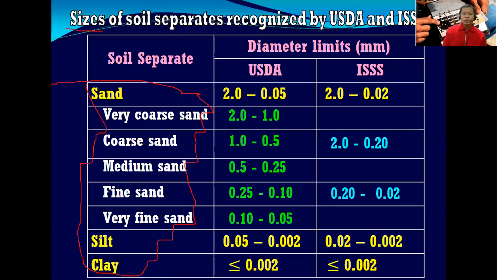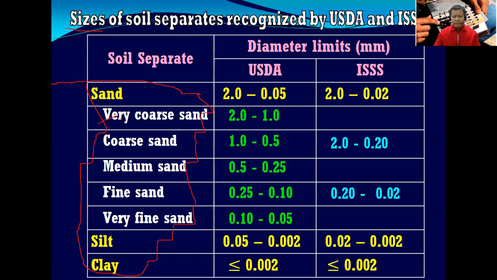So I want you to memorize the sequence or the gradation or the scale of sizes of soil separates. Like this: the very coarse sand has a larger diameter compared to coarse sand.